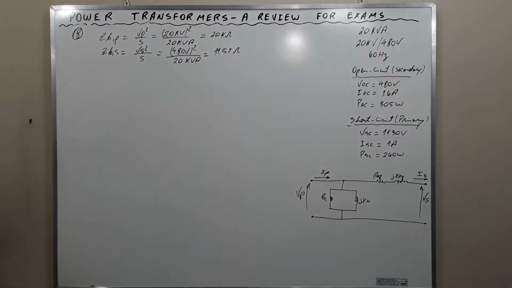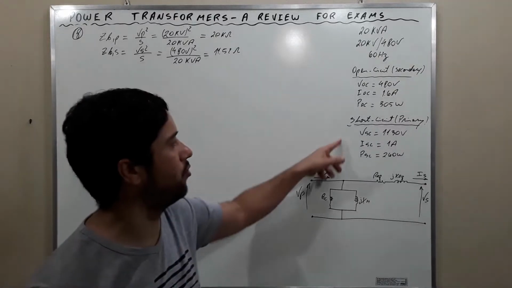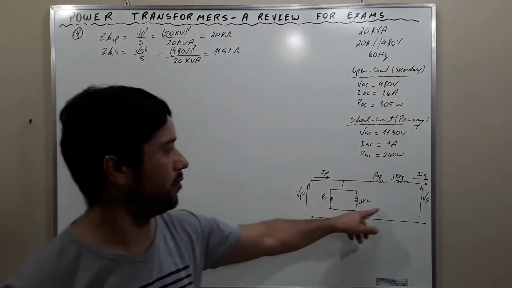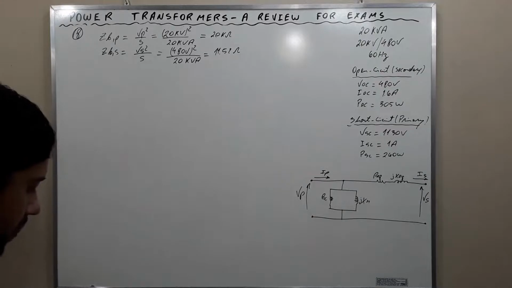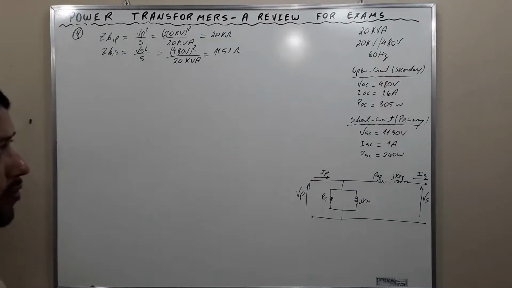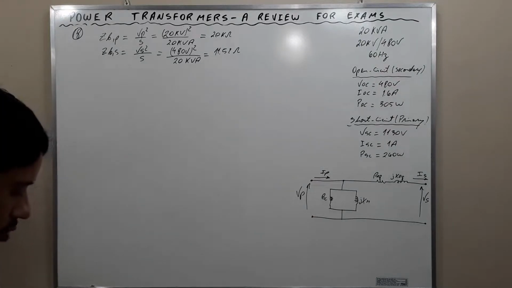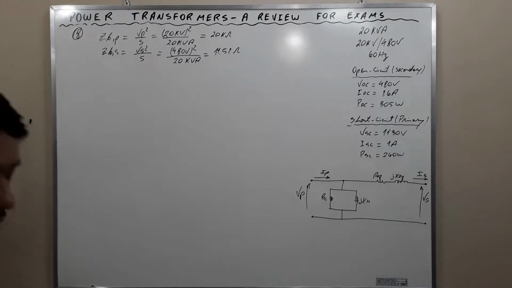Alright, these are our base impedances referred to the primary and the secondary side of this transformer. Now let's use these values here to find these parameters here of the equivalent circuit. Firstly, we're going to use the open circuit test to calculate the excitation admittance.